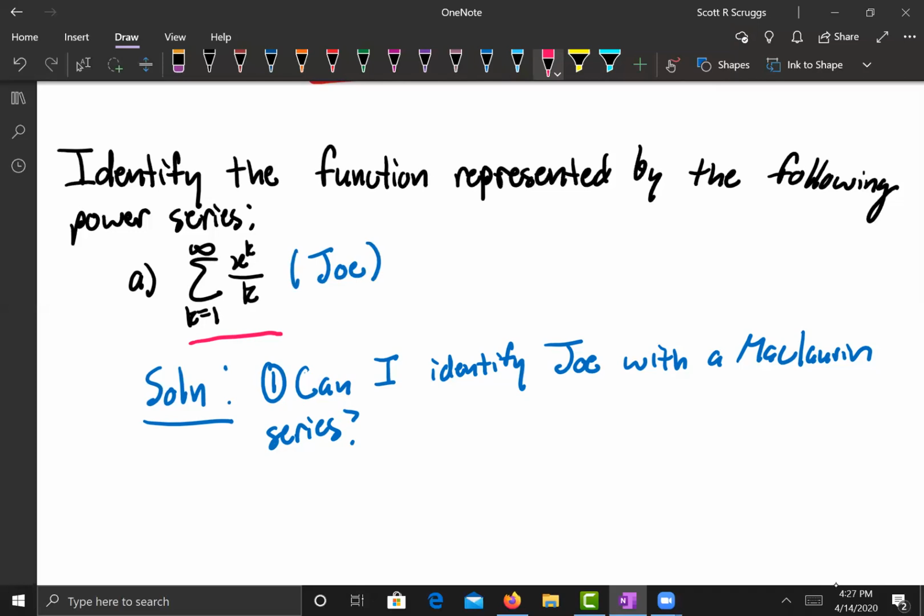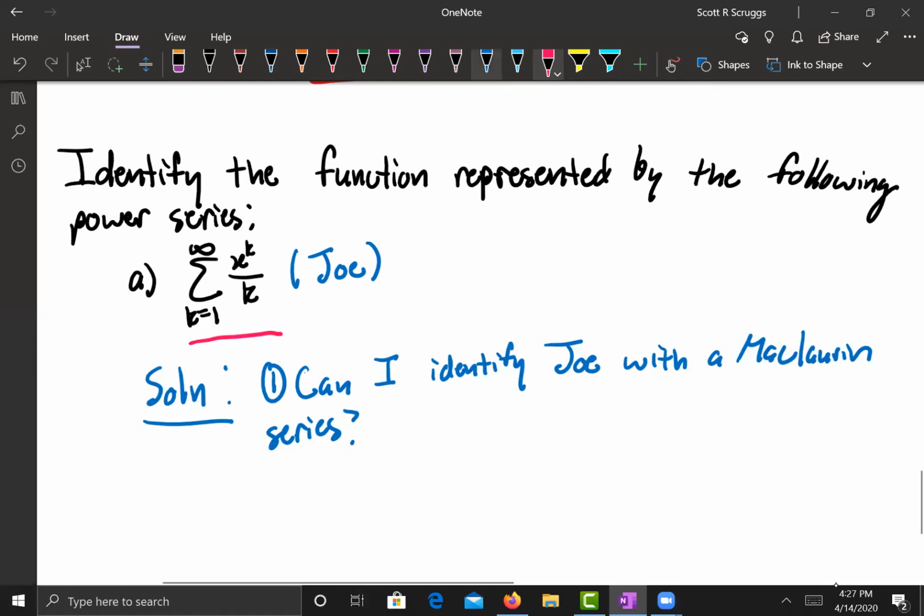And so, because I see an x to the k over k, well, I know it's not e to the x because I need a k in my denominator. I need a factorial to pop in. In this case, I am assuming that the center is 0.